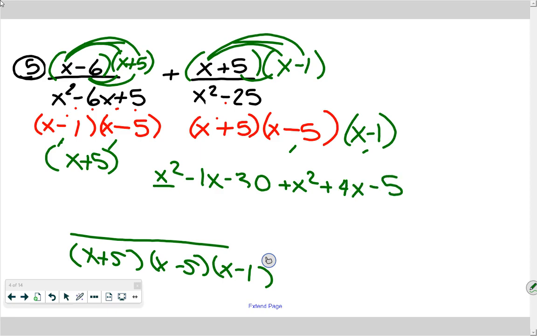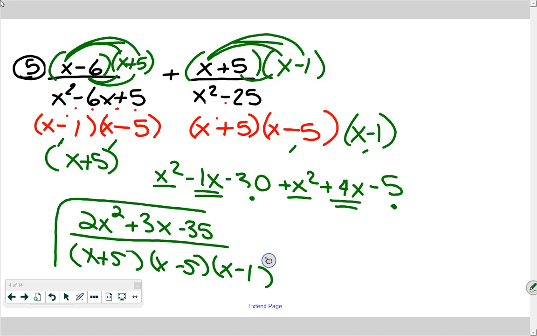Now combining my like terms, x squared, so I have two of them. Then combining these two like terms, a negative 1 and positive 4 gives me a positive 3x. And then these are my like terms, so negative 30 and negative 5 give me negative 35. And then you're done with that.